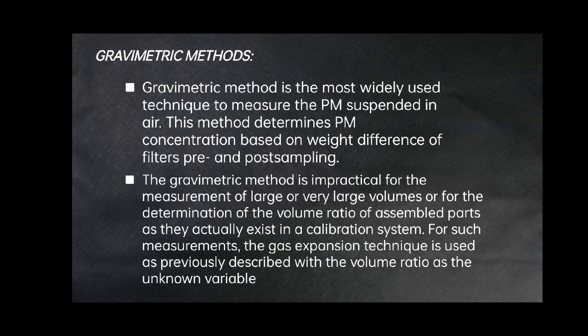Gravimetric method. The gravimetric method is the most widely used technique to measure the PM suspended in the air. This method determines PM concentration based on the weight difference of the filter, pre and post sampling. The gravimetric method is impractical for the measurement of large or very large volumes or for the determination of the volume ratio of an assembly part as it actually exists.